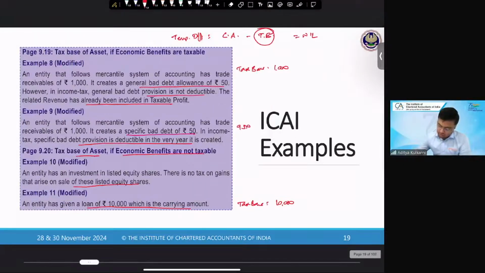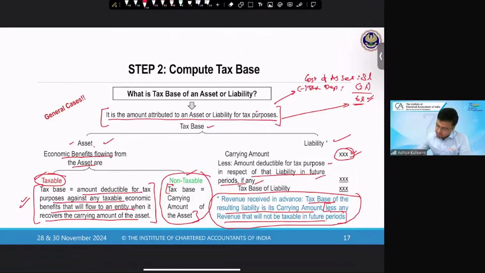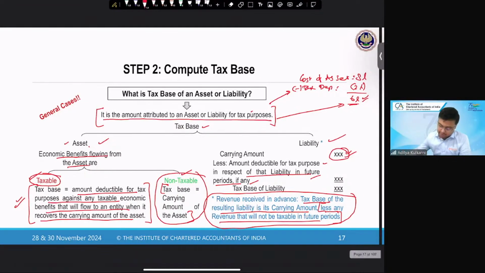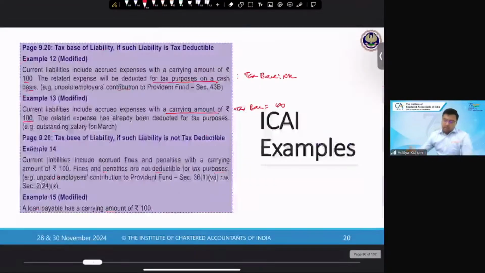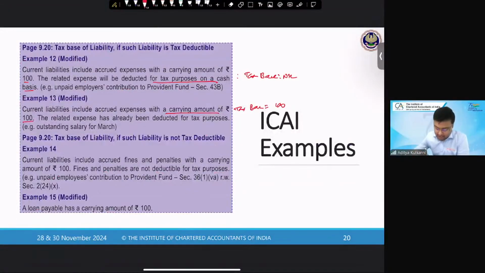Tax base of liability if such liability is not tax deductible. Let us look at this. Current liabilities include fines and penalties with a carrying amount of 100. Fines and penalties are not deductible for tax purposes. Example, unpaid employee contribution to Provident Fund, I just gave that. Section 36(1)(va), read with 2(24)(x).